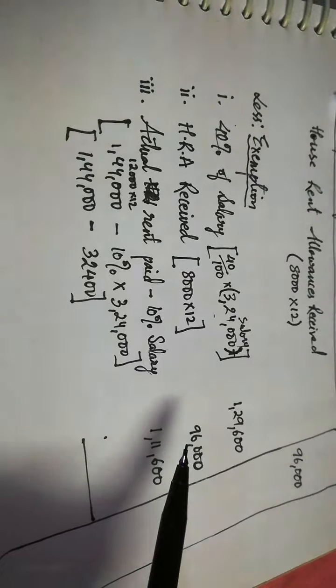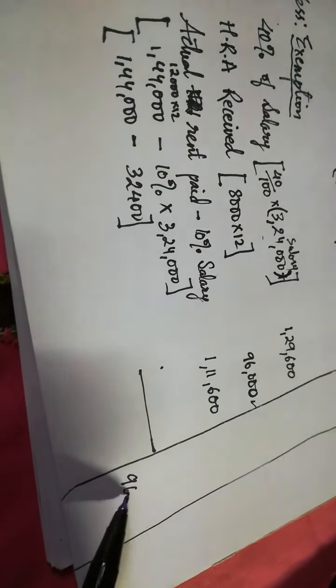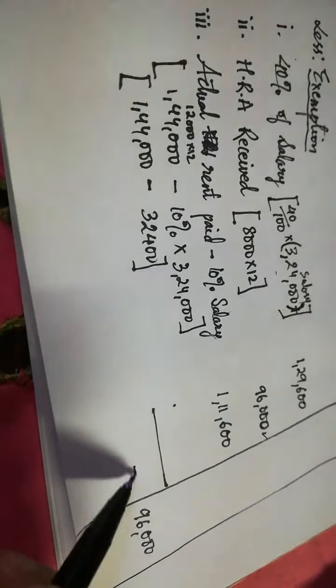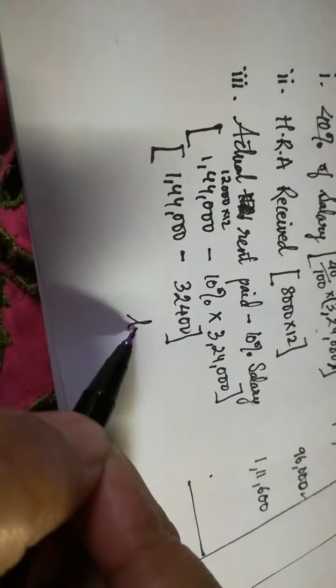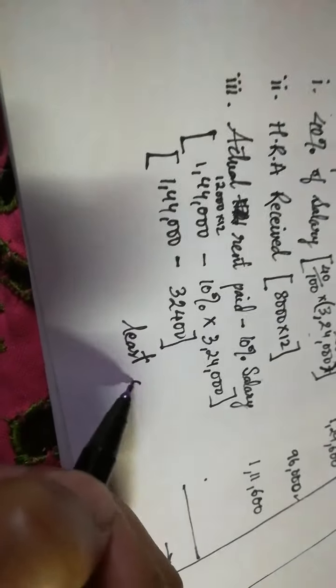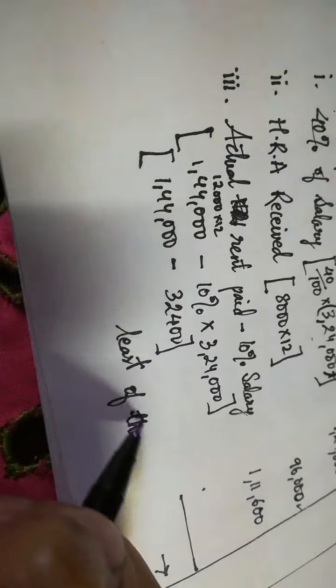The smallest is 96,000. Whichever is the smallest, you have to write down here. So this is the smallest, so here you can write down least of the three.